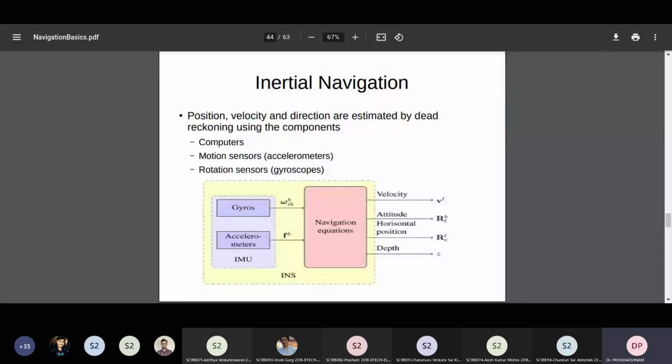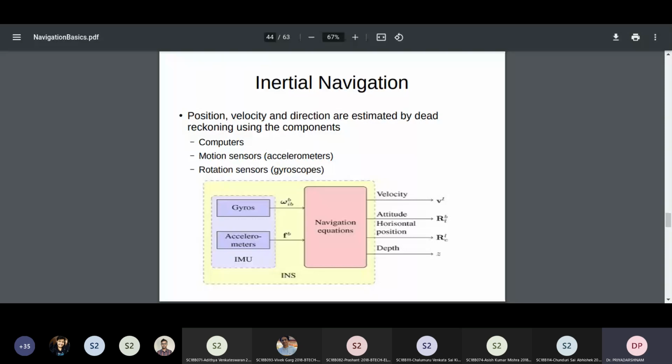So you have to compensate for it. You have to know what the acceleration due to gravity is, then subtract that component and then compute the navigation solution. Otherwise you will get an erroneous value. That is called gravity compensation. But as you move to different heights, the acceleration due to gravity is different.